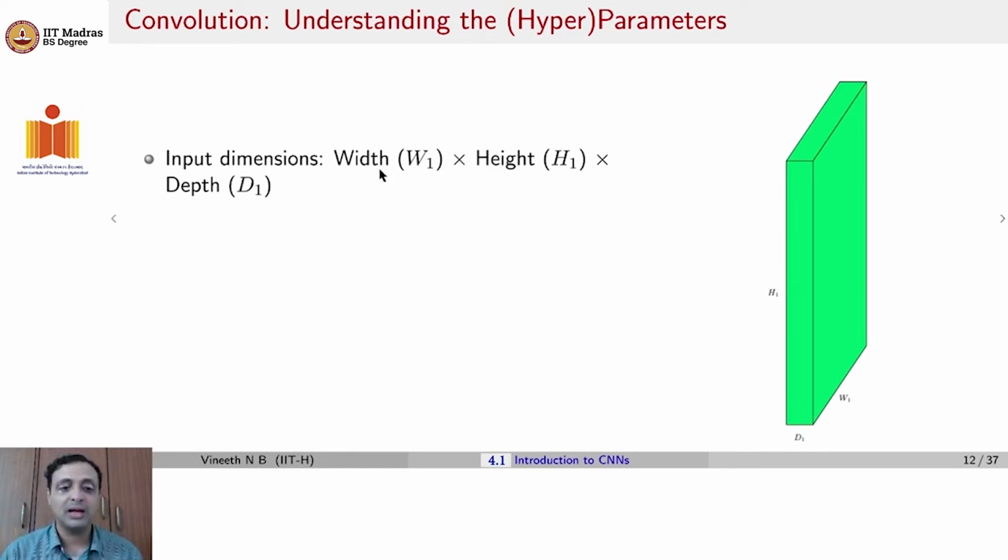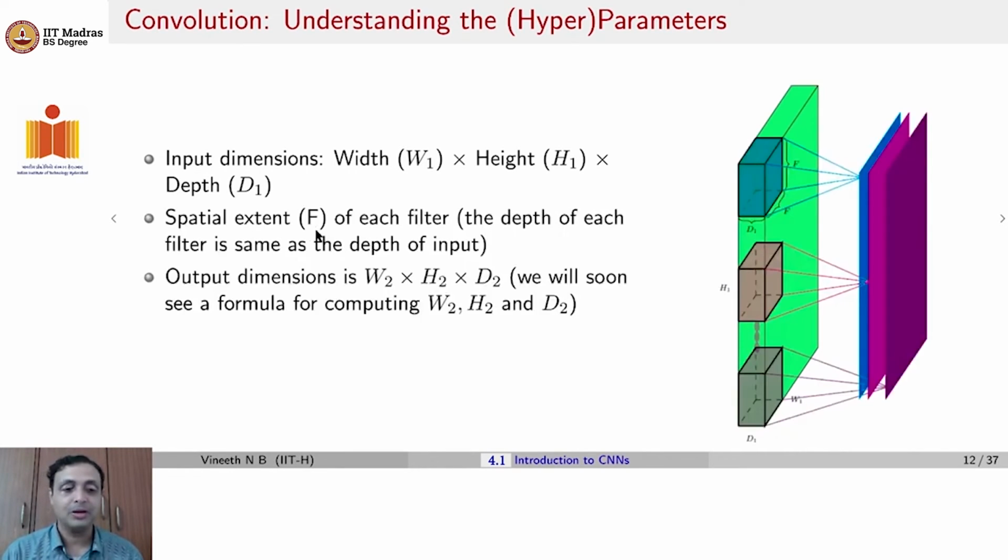Let's assume now that our input dimensions are W1 cross H1 cross D1 with width, height and depth, and the spatial extent F of each filter. The depth of each filter is the same as the depth of the input. So you have a spatial extent of F cross F, and the depth is the same as D1 because that's the depth of the input volume.